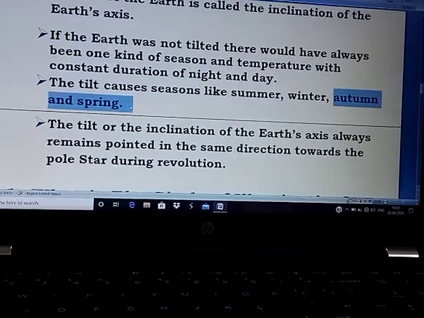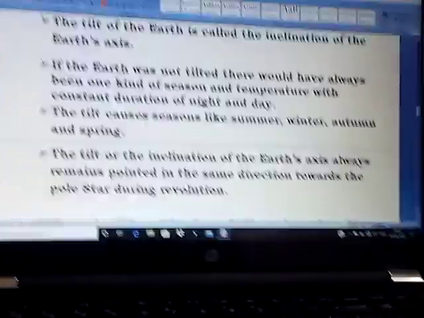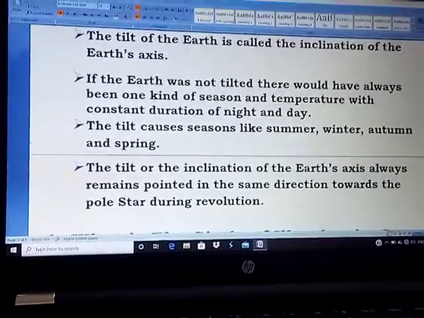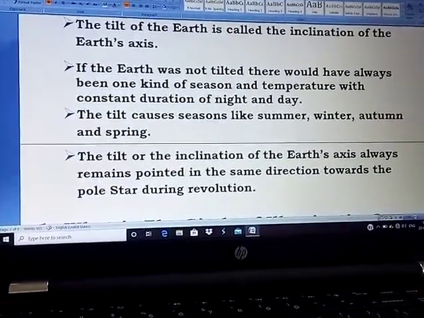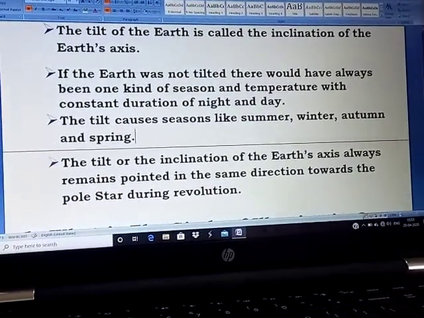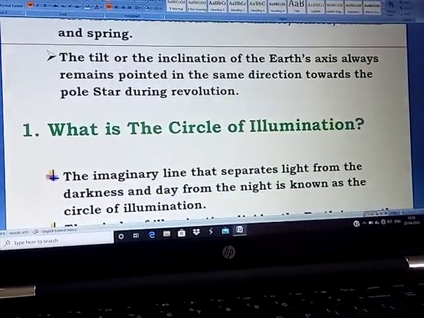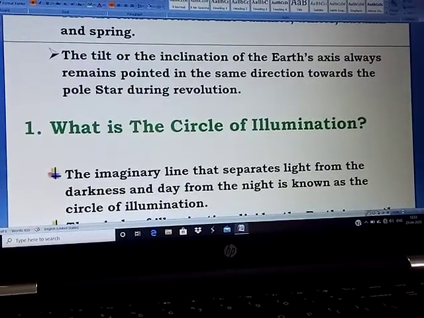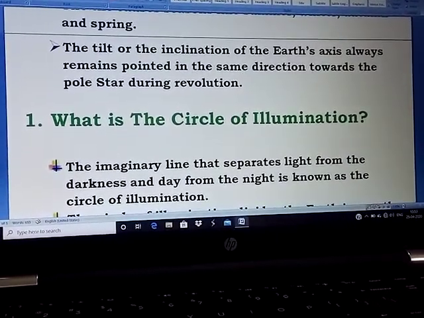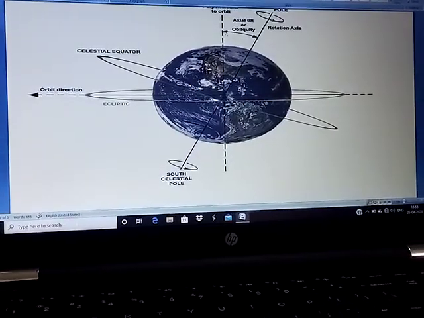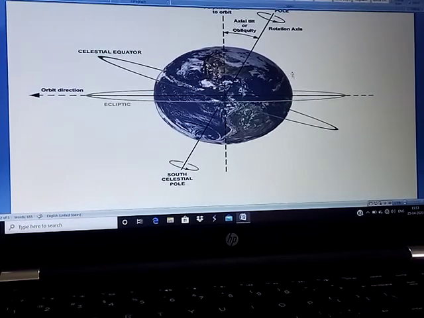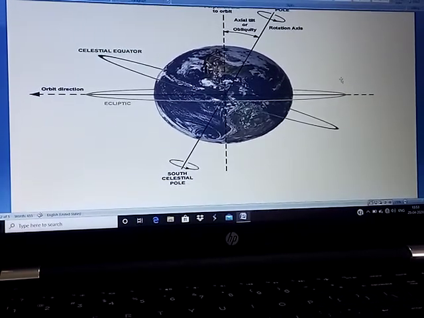Dear children, there is no rainy season in geography when you talk about the movement of the earth around the sun as well as on its own axis. The tilt or the inclination of the earth's axis always remains pointed in the same direction. Means if it is pointing in this direction, it will always be in this direction.